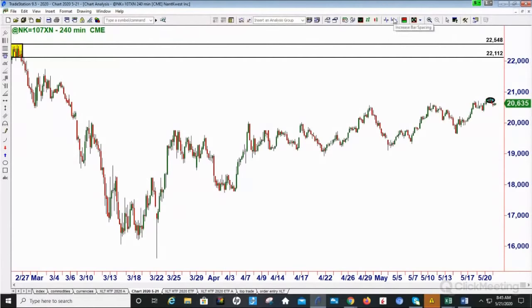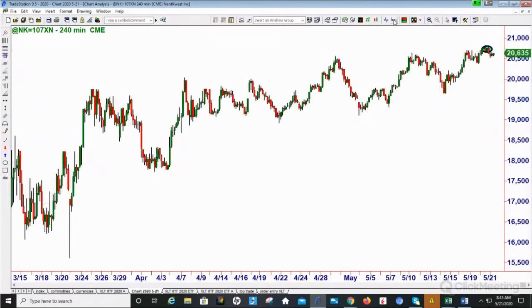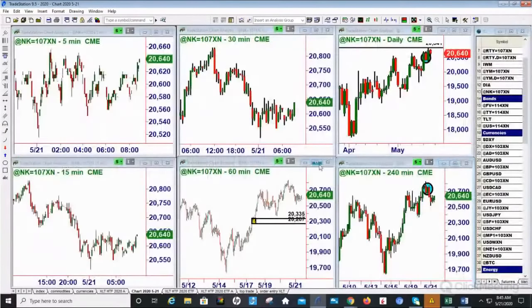Overall, it doesn't look like it's going to go away anytime soon. So I think it's still important, knowing that we are getting up to these levels inside of the Nikkei, to pay attention to the overall news. If this is the market that's going to show us, at the moment it's still remaining very strong. But if things start to escalate a little bit more, perhaps this is the first market that's also going to show you weakness. So pay attention to what is going on with it at the moment.